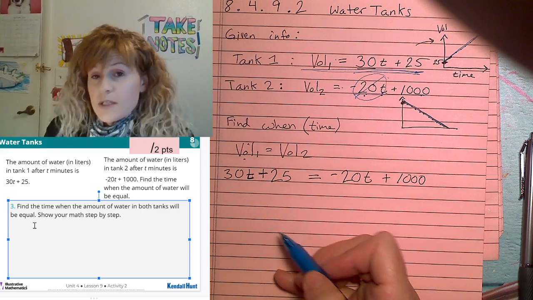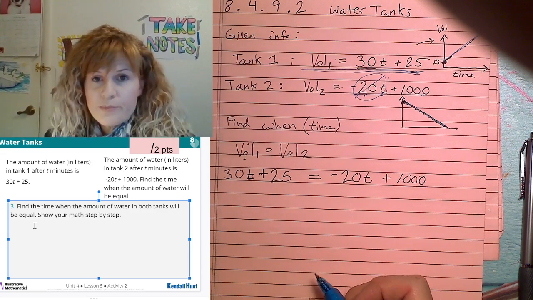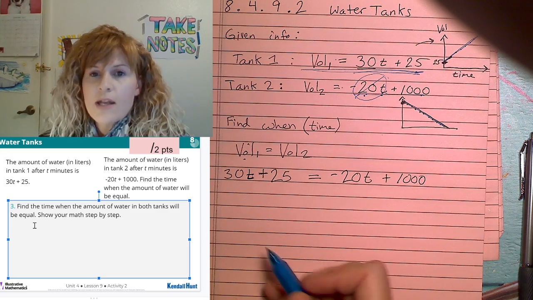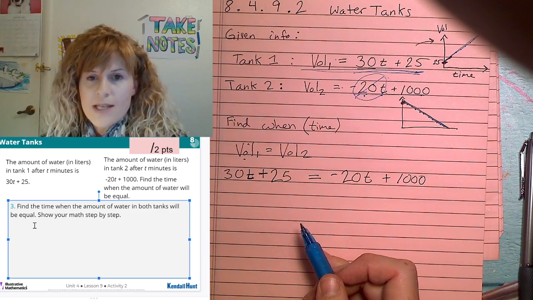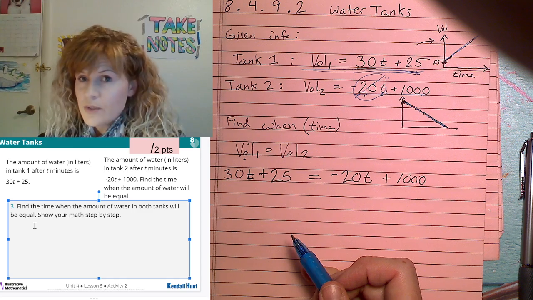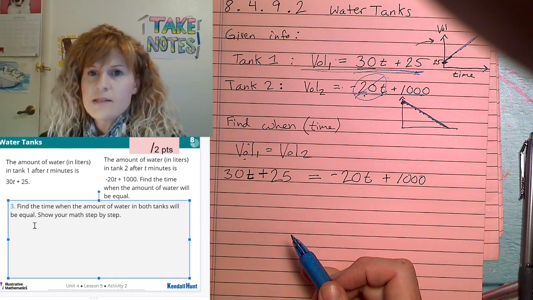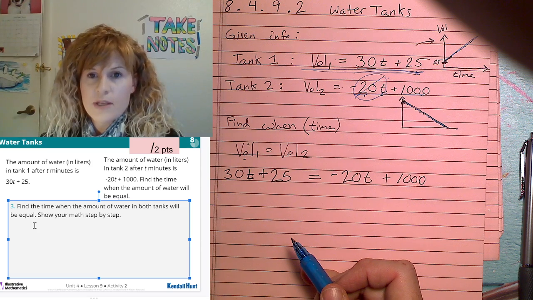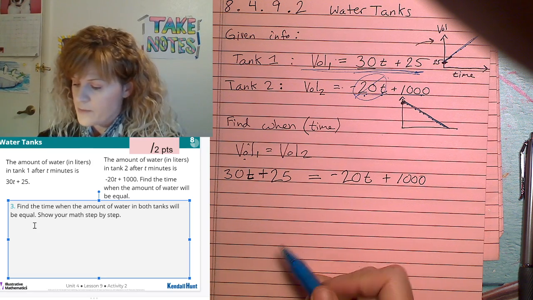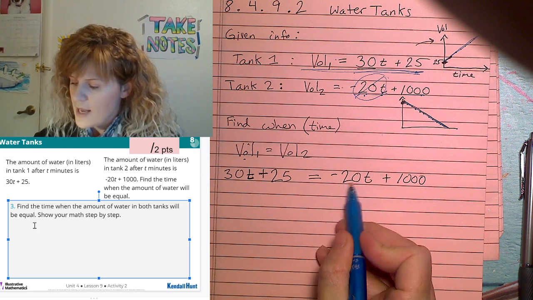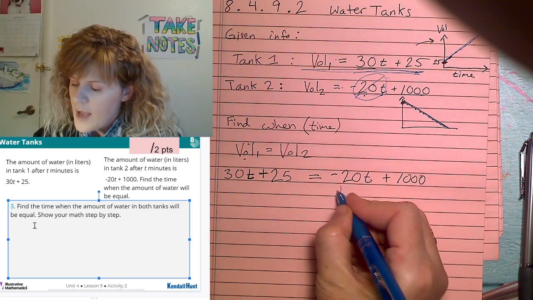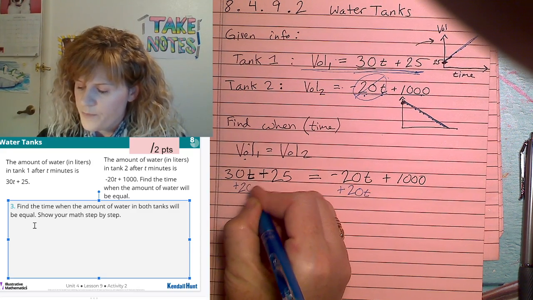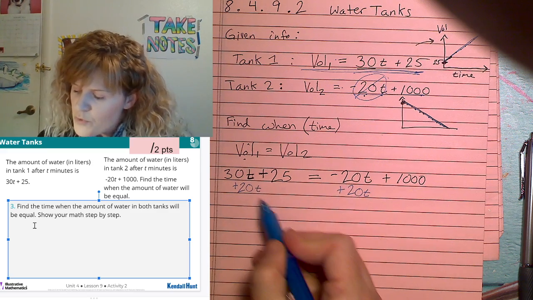We've gotten pretty good at solving equations by now, but I'll give you a review. Remember that you want to get all of the T's on one side of the equation. In order to do that, you can add, subtract, multiply, or divide both sides of the equation. You must keep it balanced. I've got this negative 20T over here. I'm going to add 20T to both sides of the equation to kind of move it over.